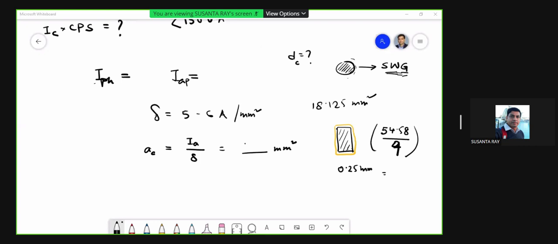But to make a coil by using rectangular bar is a little difficult. So therefore, for small machines, generally we avoid using the rectangular bar. We use just round wires, round conductors. So that is the main difference.